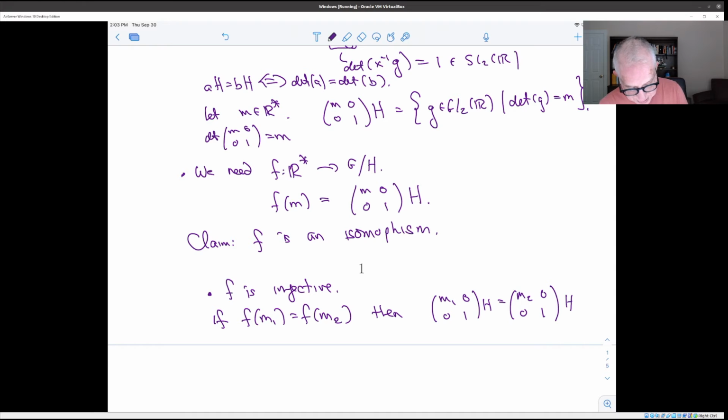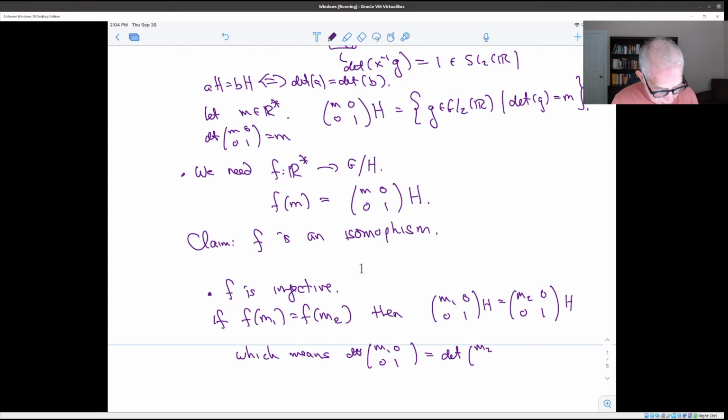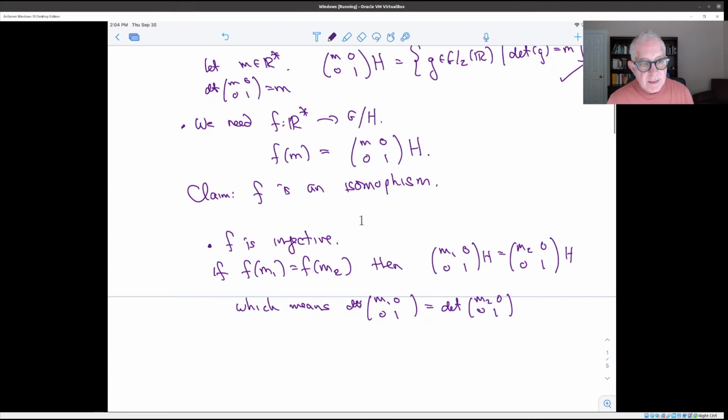And that happens only if the determinant of m1001 equals the determinant of m2001 by the calculation that we did earlier about the coset representatives. In other words, that means that m1 has to equal m2. So f is injective.